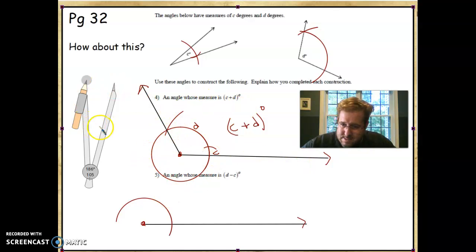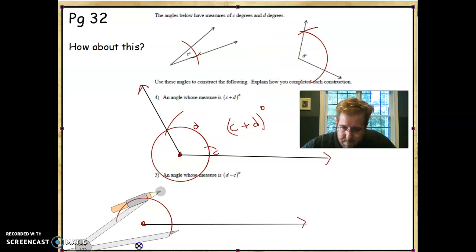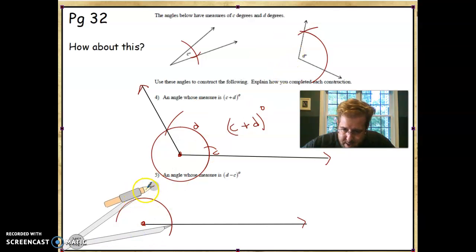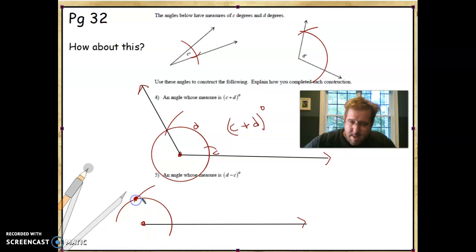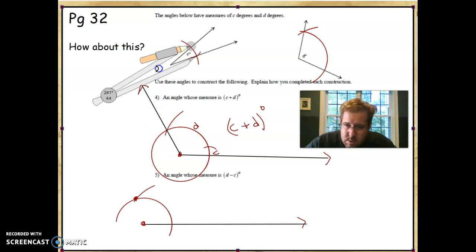And it's D minus C, so I need to measure D first. Okay. I'm going to make a copy of angle D first, which is right here. And then I'm going to subtract, meaning go into the right, the size of angle C. So let's measure this again. Make sure, nope, that needs to be a little bit smaller. There we go.